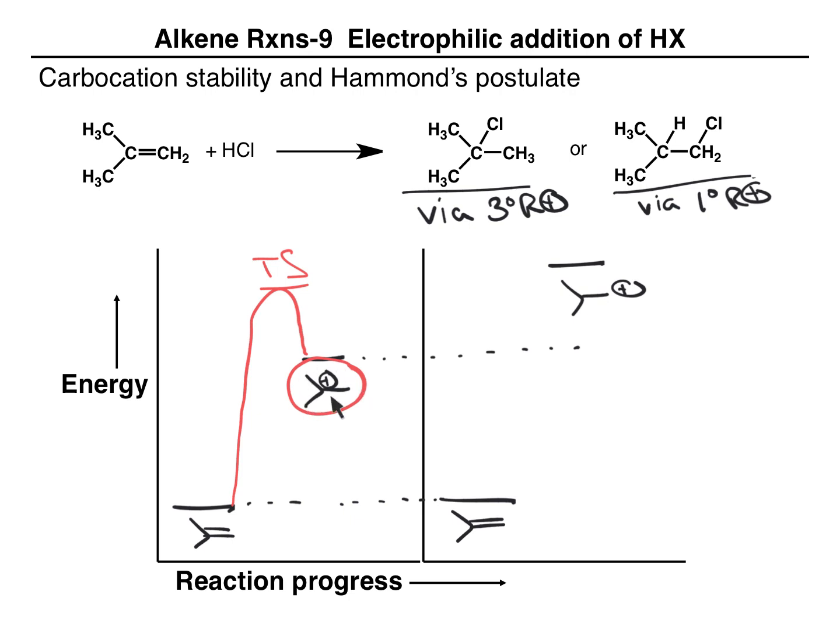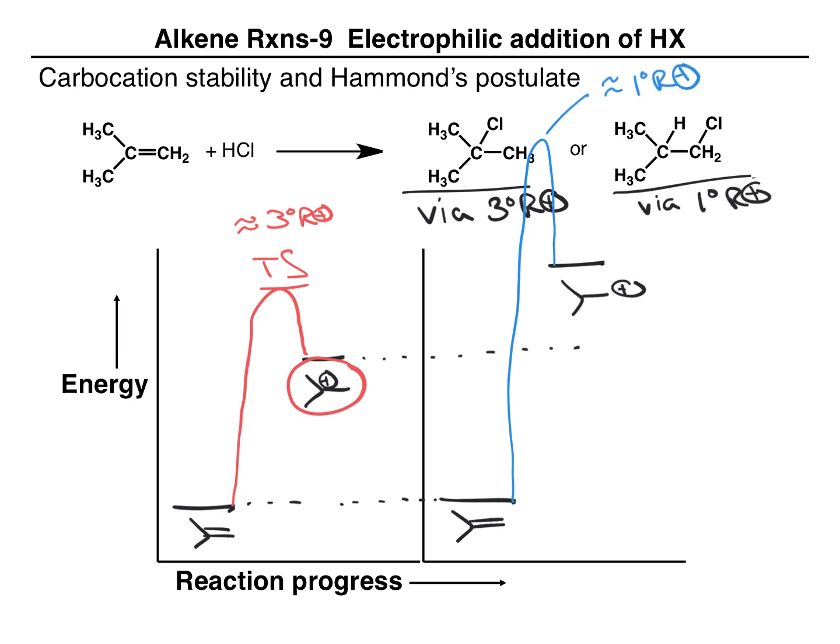So whatever we know about our carbocation intermediate, that gives us information about our transition state. So because a tertiary carbocation is more stable than a primary, the transition state leading to it, we can think of it as kind of like a tertiary carbocation. Over here, our transition state is going to be kind of like a primary carbocation.